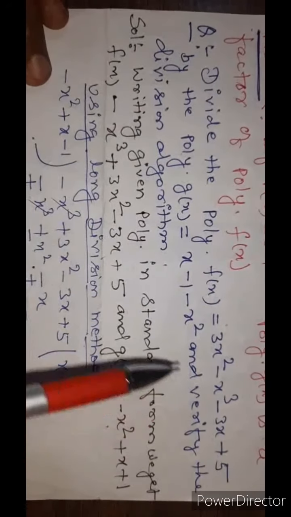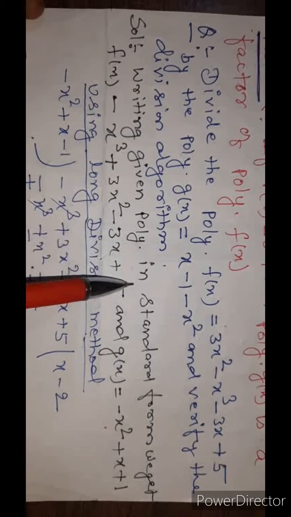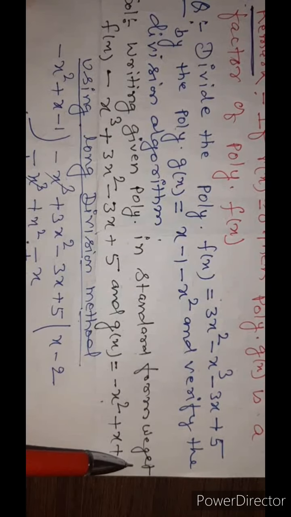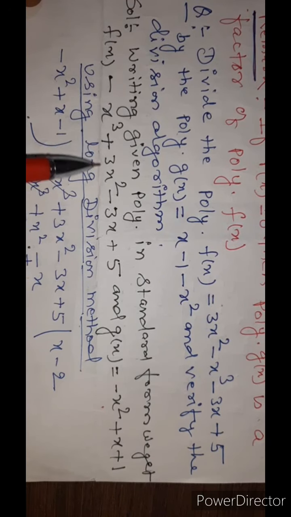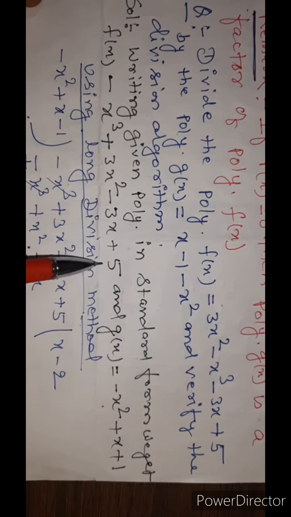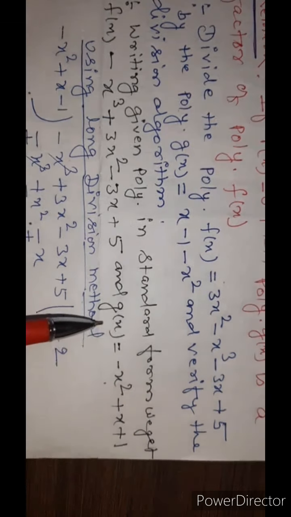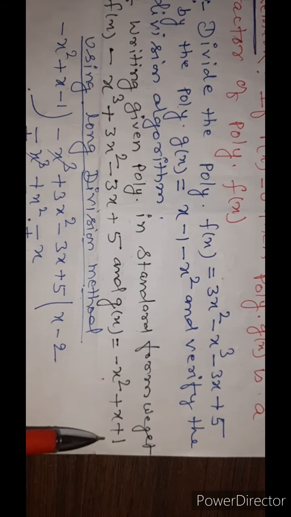So look at here. First of all, writing the given polynomials in standard form, we get f of x is equal to minus x cube plus 3x square minus 3x plus 5, and g of x is equal to minus x square plus x minus 1.